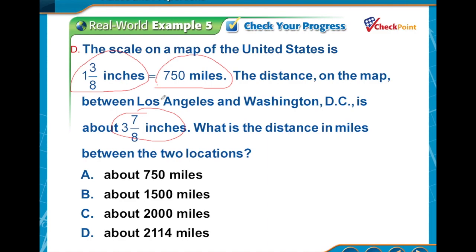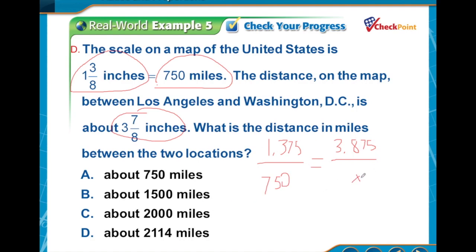So 1 3/8 over 750 miles is equal to 3 7/8, and that's this as a decimal, over, we don't know how many miles that is.